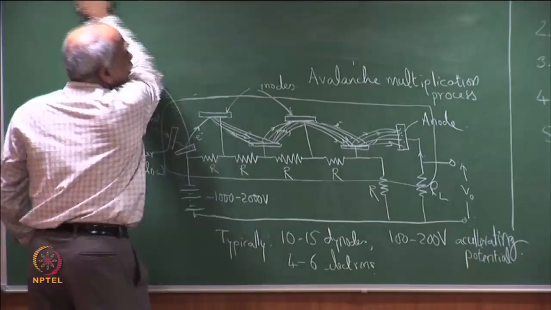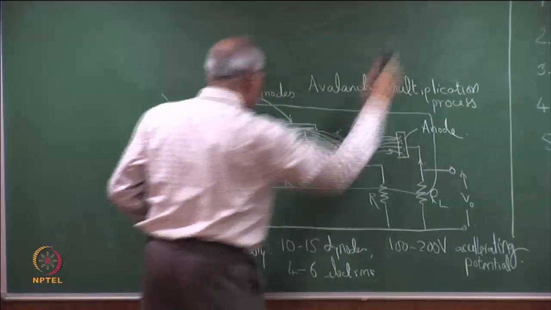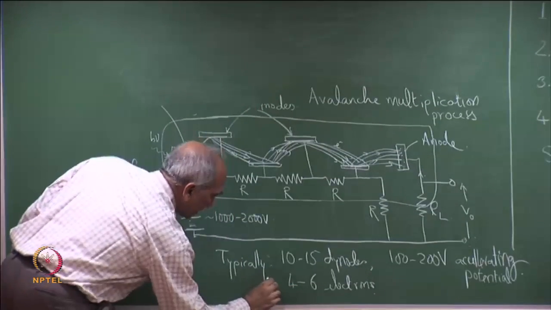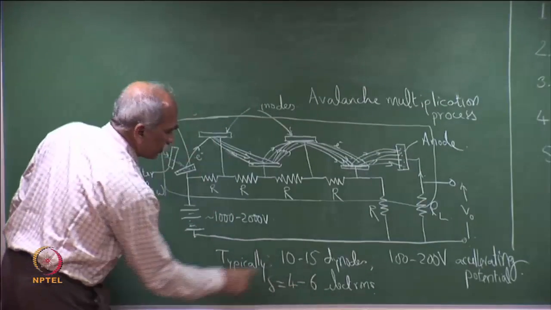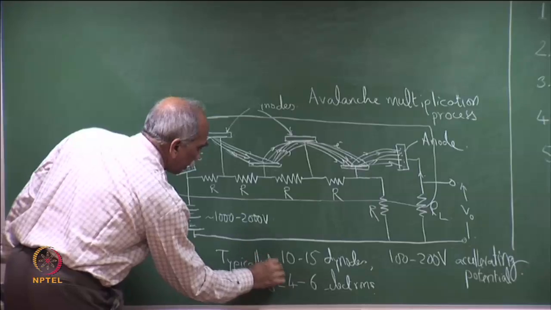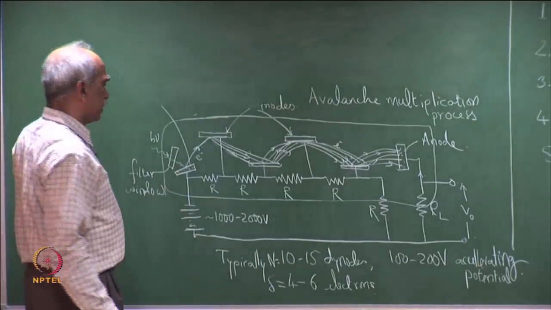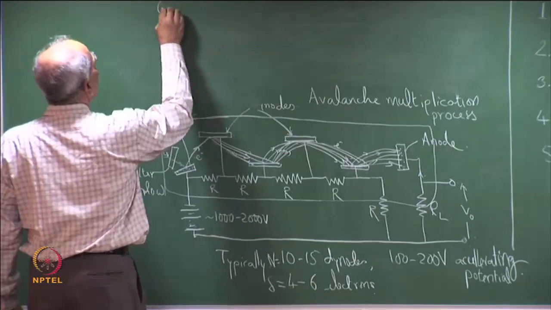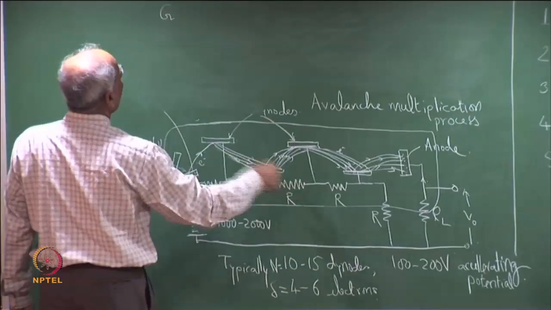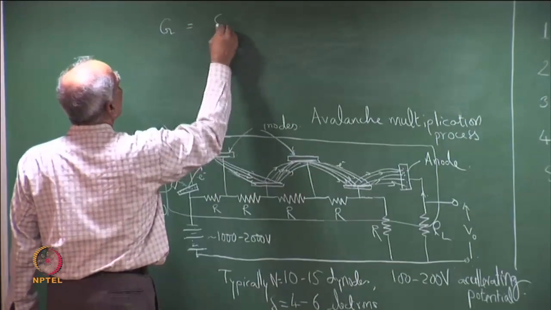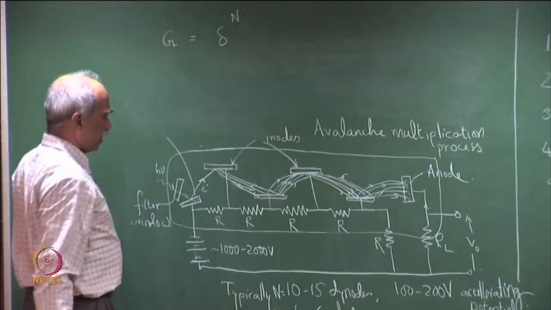So we have typically 4 to 6, let us call this delta, and n equal to the number of dynodes. Then the carrier gain will be equal to delta to the power n.